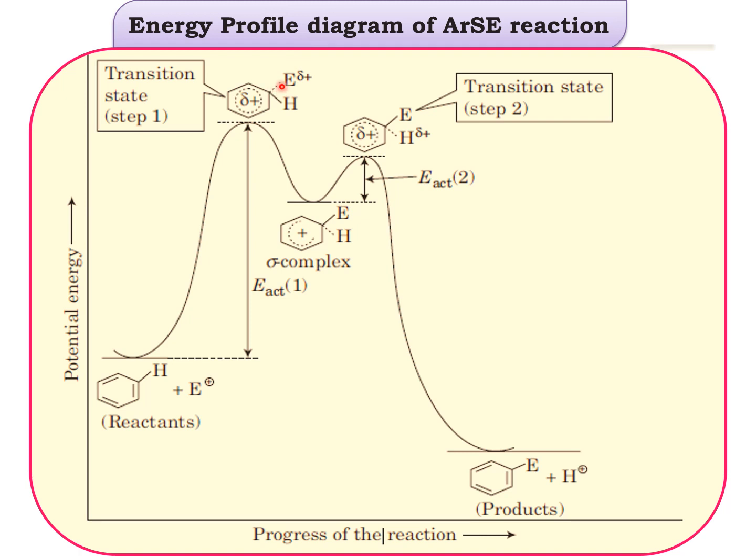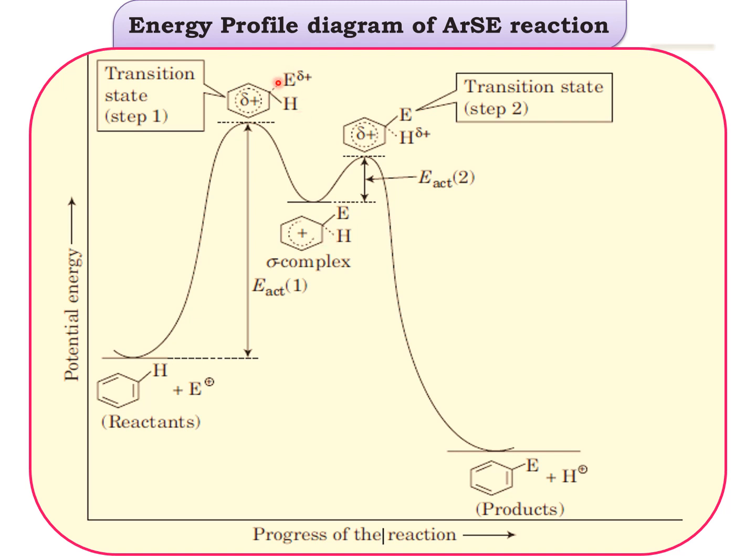Here we can see that the electrophile is getting involved in bond formation, and then after that it forms a sigma complex, that is known as arenium ion. Once the arenium ion is formed, look at the difference between the transition state and then this sigma complex.